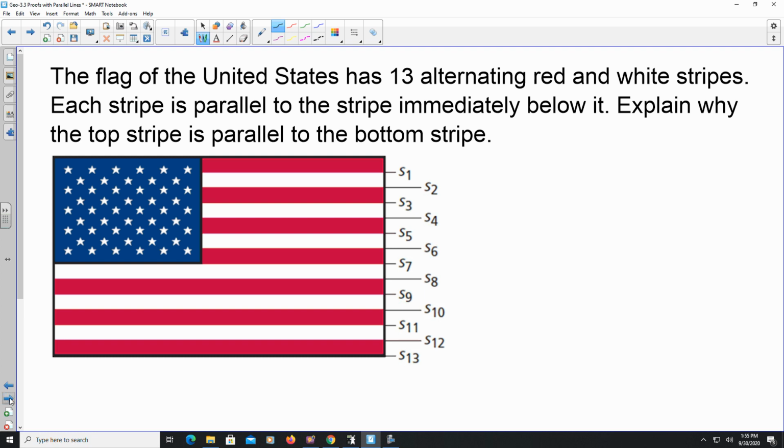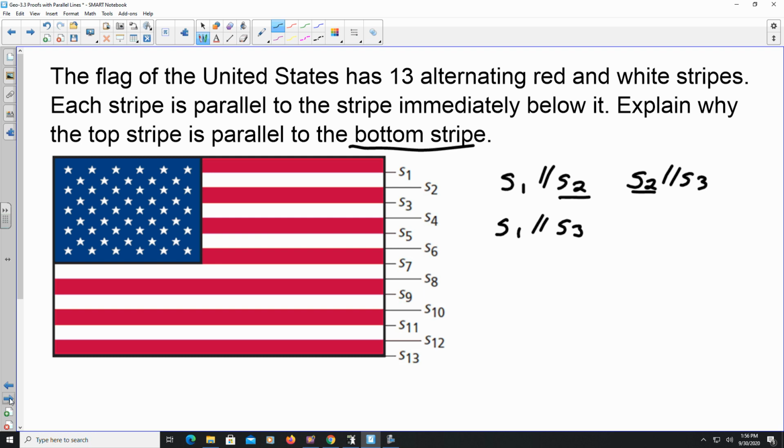So to write this as a proof, you can say S1 is parallel to S2 because it's immediately below. Then you could say that S2 is parallel to S3. Well, we share a common stripe, so now I can say that S1 is parallel to S3.